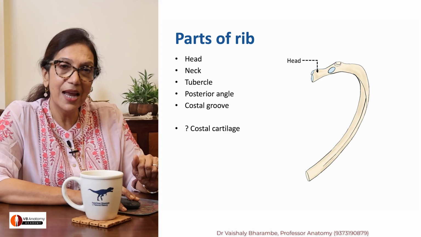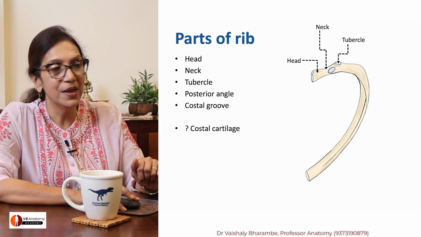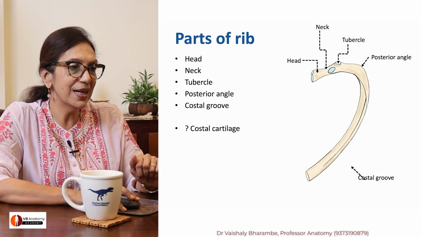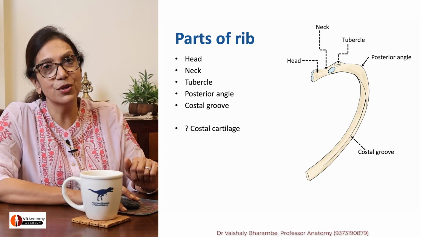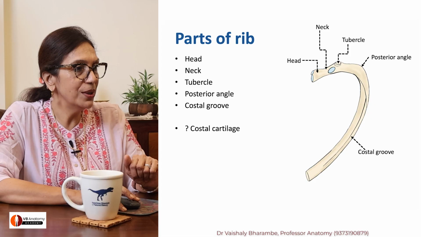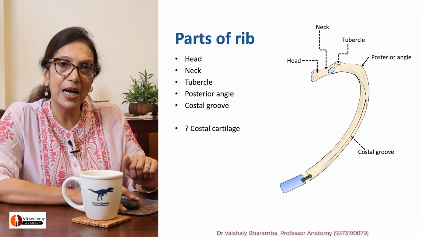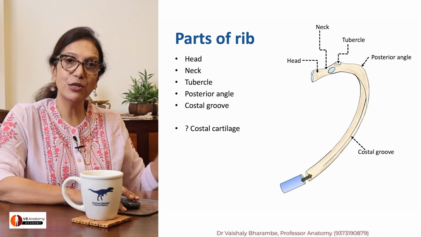This is the head of the rib, the neck of the rib, and the tubercle of the rib. And every rib, as it moves forward, shows a posterior angle and a groove along its inferior border called the costal groove. You can see how the anterior end of the rib articulates with a costal cartilage in this manner. I'm going to show you this on the rib.